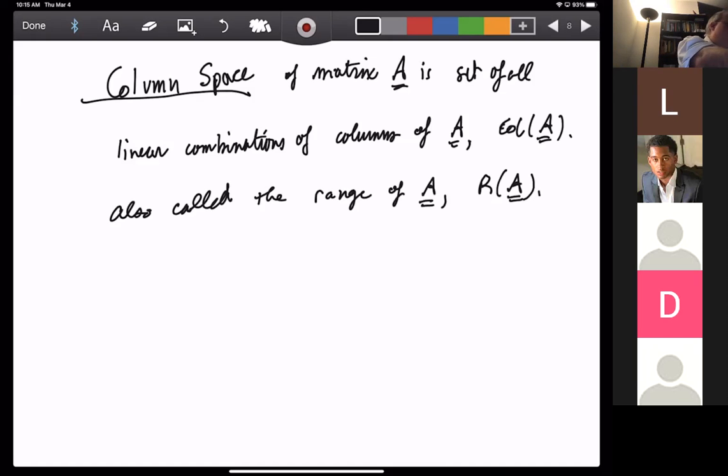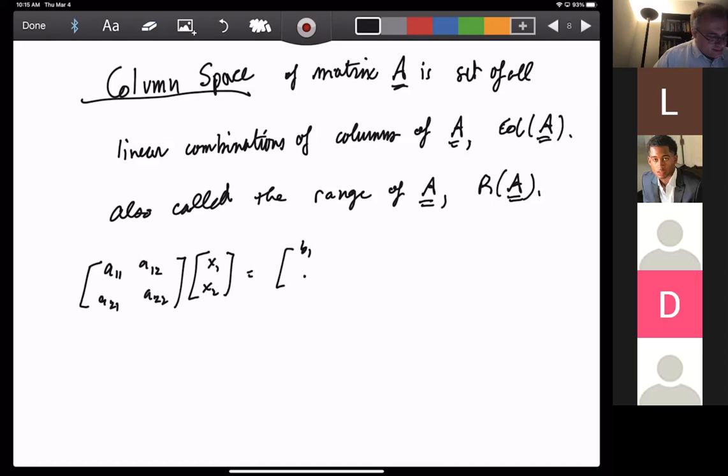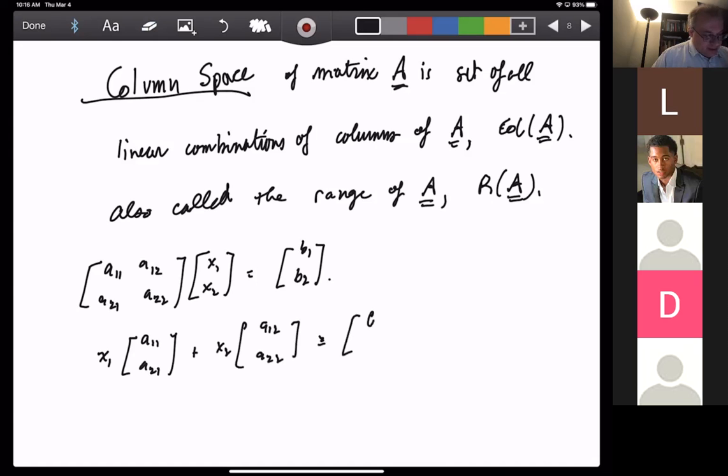And remember what this actually means. Remember this idea. We could rewrite the system in terms of the columns of the coefficient matrix.